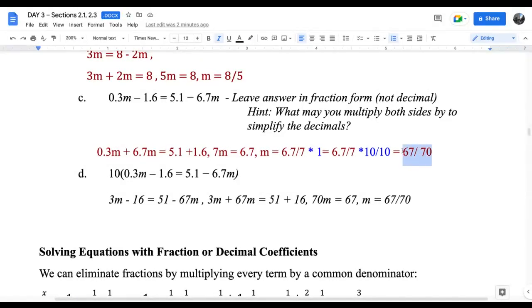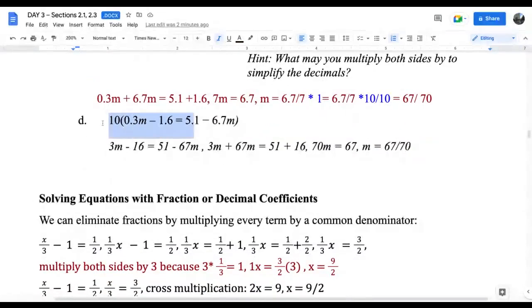So we get 67 divided by 70. Right? Okay, we don't want to leave the numerator or the denominator to be a decimal number.